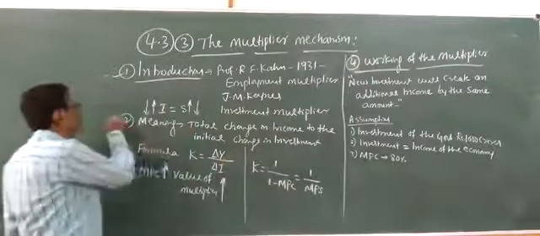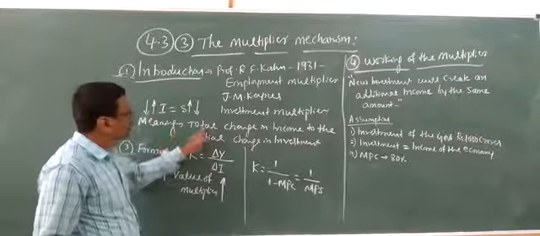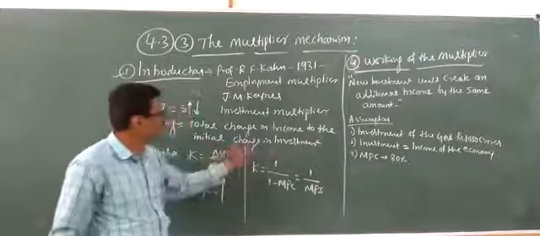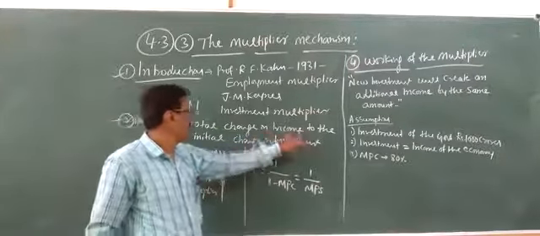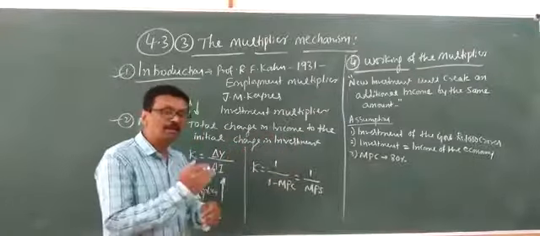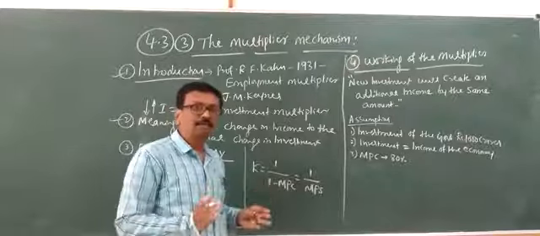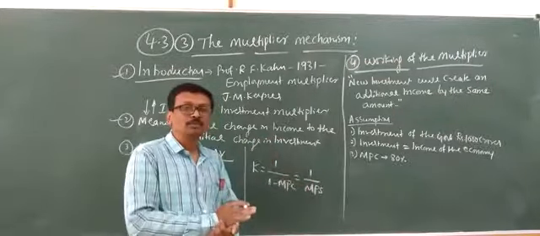Then we have to know what the multiplier is: the total change in income relative to the initial change in investment. Whenever investment changes, it leads to changes in the income of the economy.